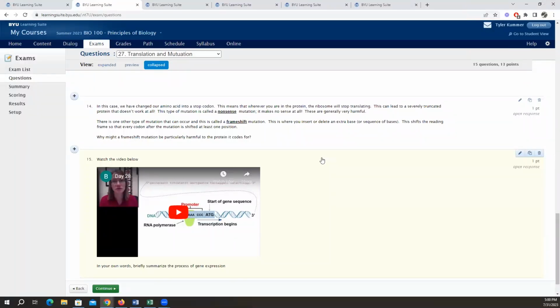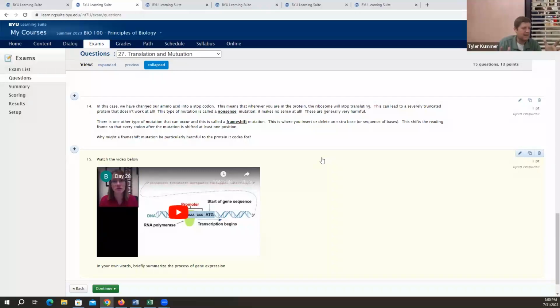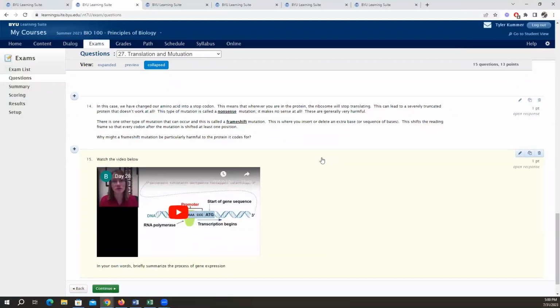In DNA, A will always be across from T, and G will always be across from C. When we go from DNA to RNA, when we go through transcription, the T will be replaced by a U. So in DNA, the A's and T's pair together, the G's and C's pair together, but RNA is going to operate a little bit differently.